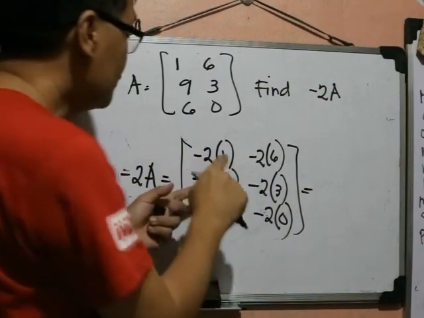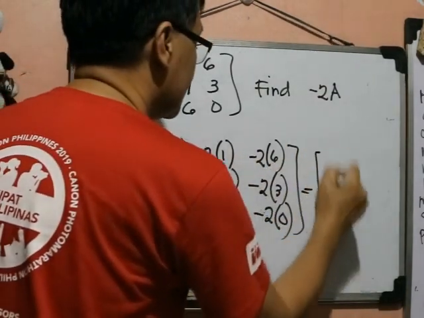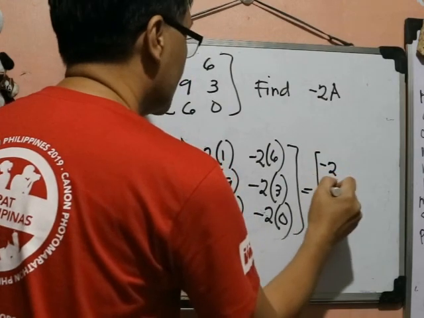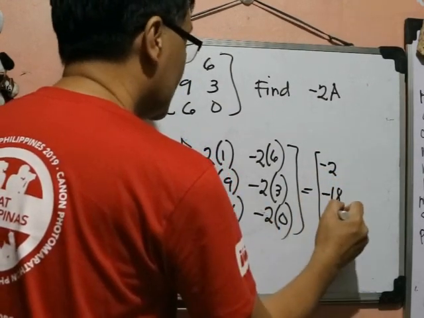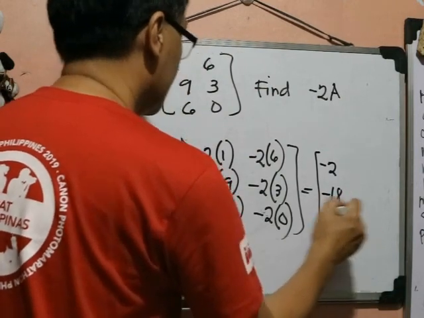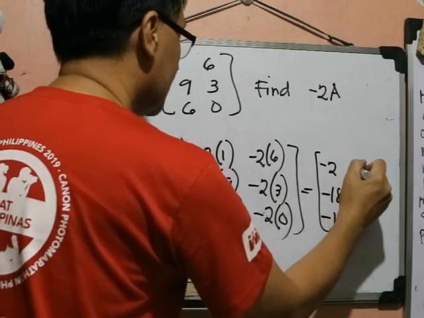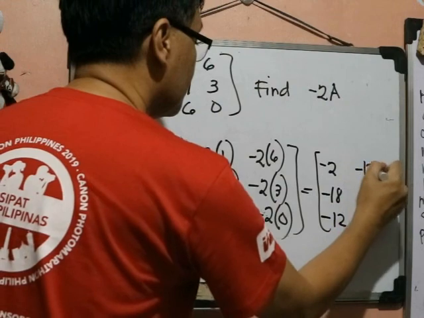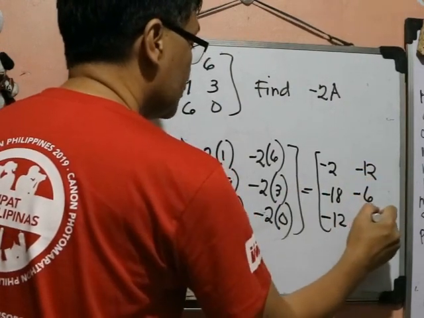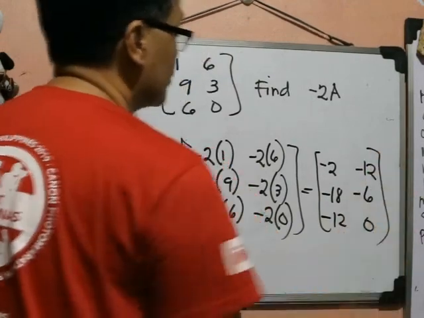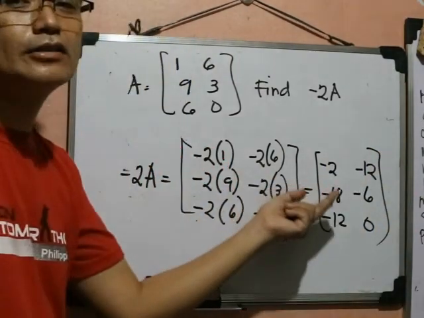So, negative 2 times 1, negative 2. Negative 2 times 9, negative 18. Negative 2 times 6, negative 12. Negative 2 times 6, negative 12. Negative 2 times 3, negative 6. And negative 2 times 0, 0. So, this is your answer.